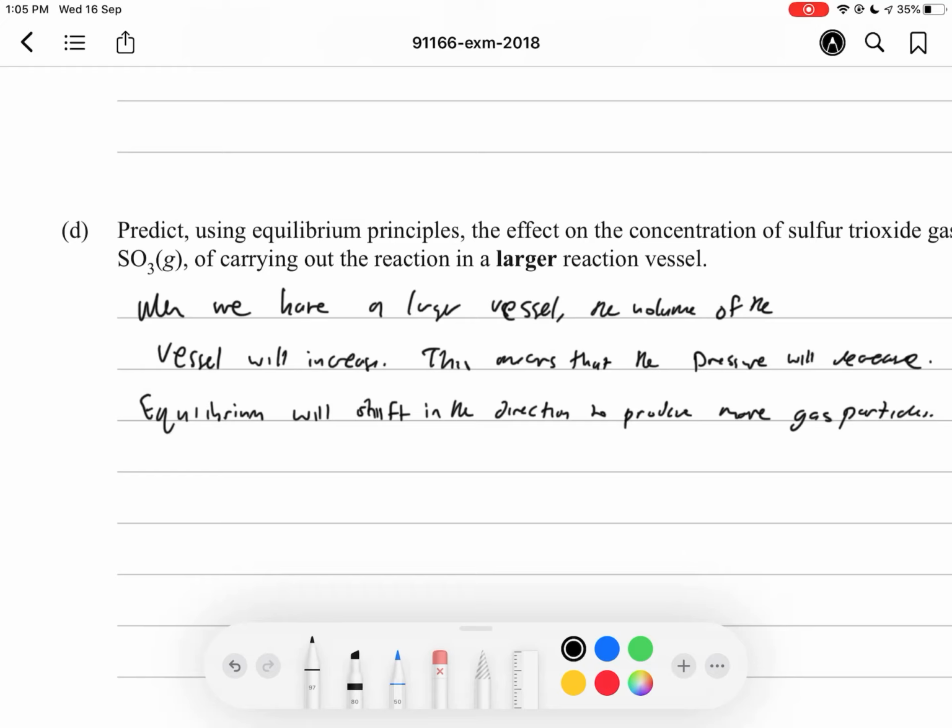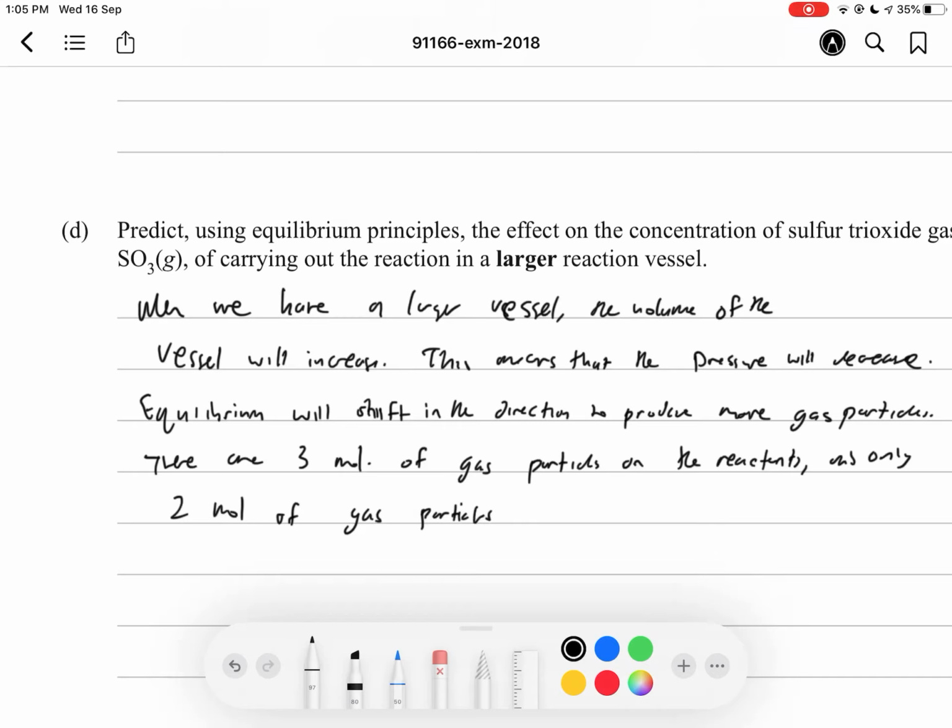There are 3 moles of gas on the reactants side, hence equilibrium will shift to favor the reactants.